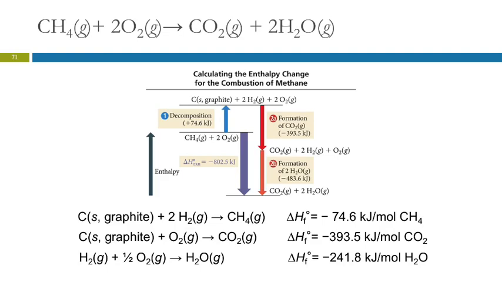And then I'm going to add everything together. So I had to invest 74.6 kilojoules, and then I got back 393.5 and 483.6. I add those all together, and overall it's negative 802.5. Does that make sense?